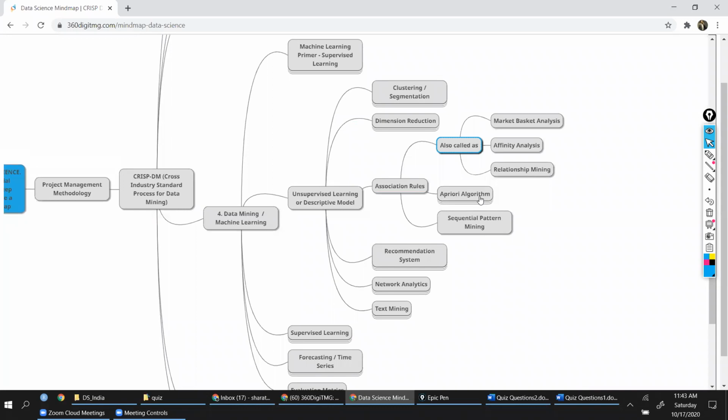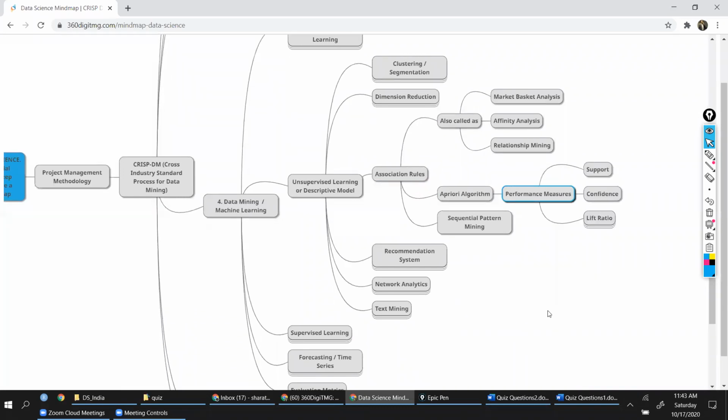And here we talked about 3 measures: support, confidence, and lift. Lift has a threshold, which is 1.